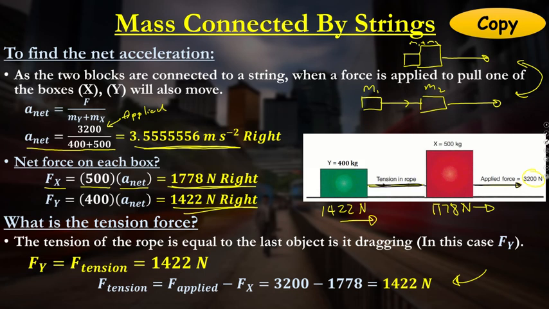If I'm trying to look at the force of the rope, particularly this force here, the force I need on this rope is just enough to move this box here, so Fy.